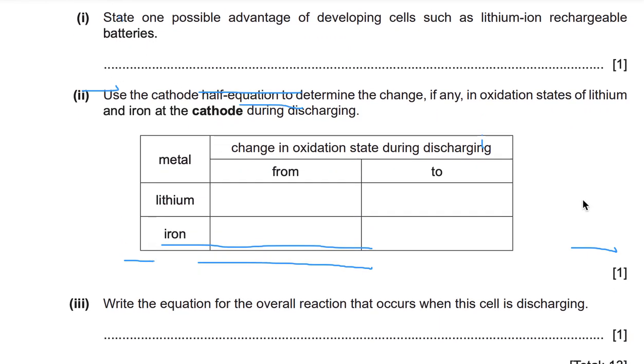Now over here it says use the cathode half equation to determine the change, if any, in oxidation states of lithium and iron at the cathode during discharge. So change in oxidation state during discharging.